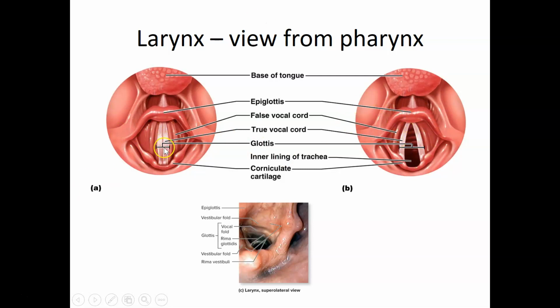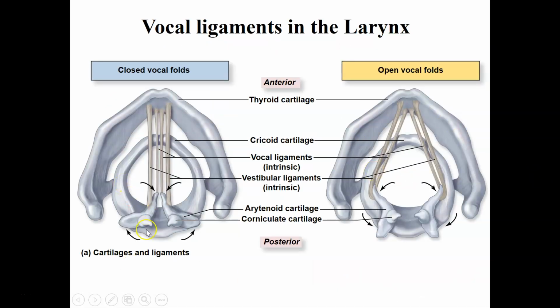So you can think about this as basically a curtain, and there are two sides to it. You can close the curtain. Here it is closed, and the airway is closed now. Air can't pass up or down through the larynx. Or you can open it, and now air can pass through. So how that happens is through the muscles acting on the arytenoid cartilage.